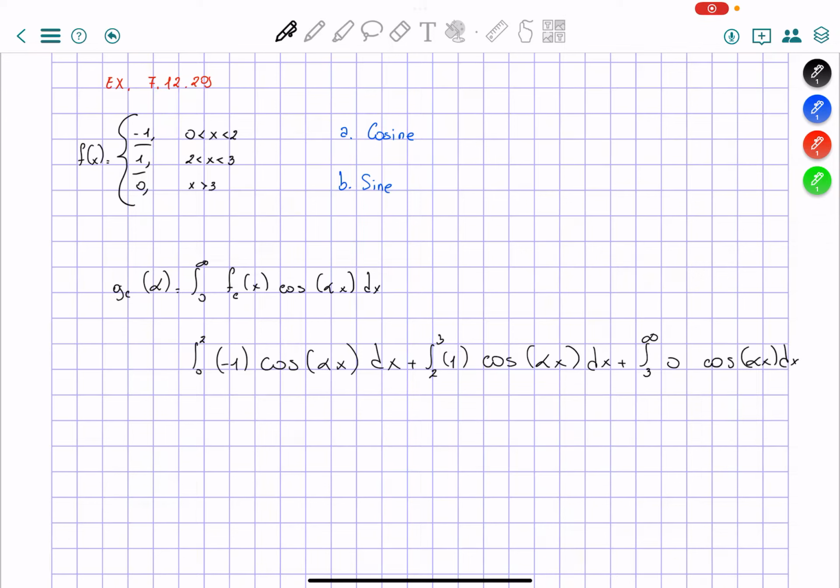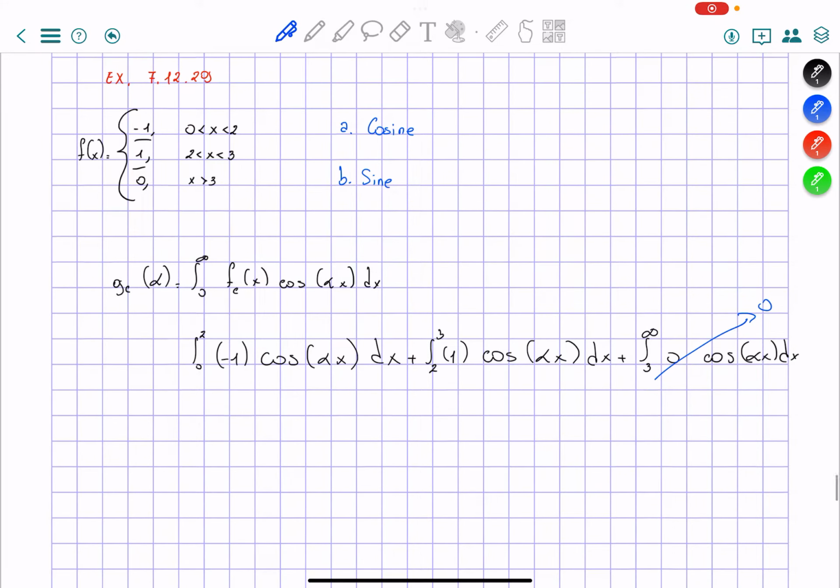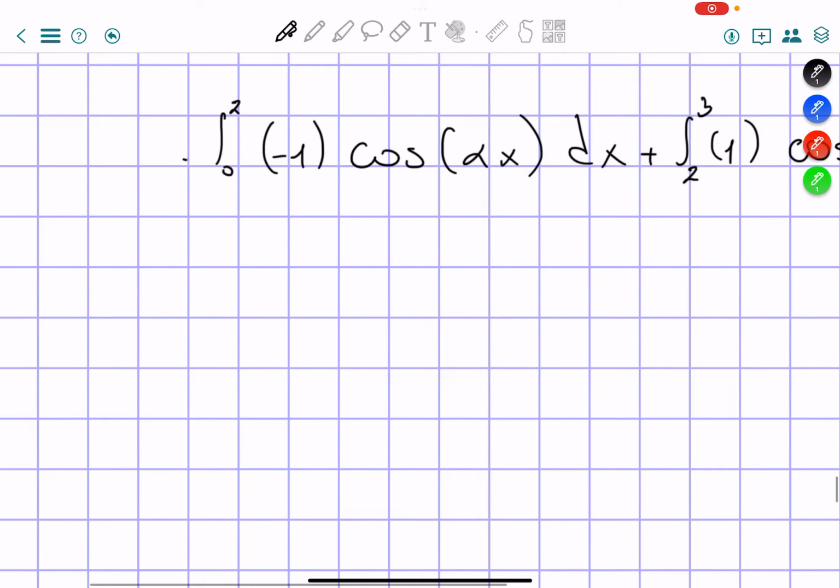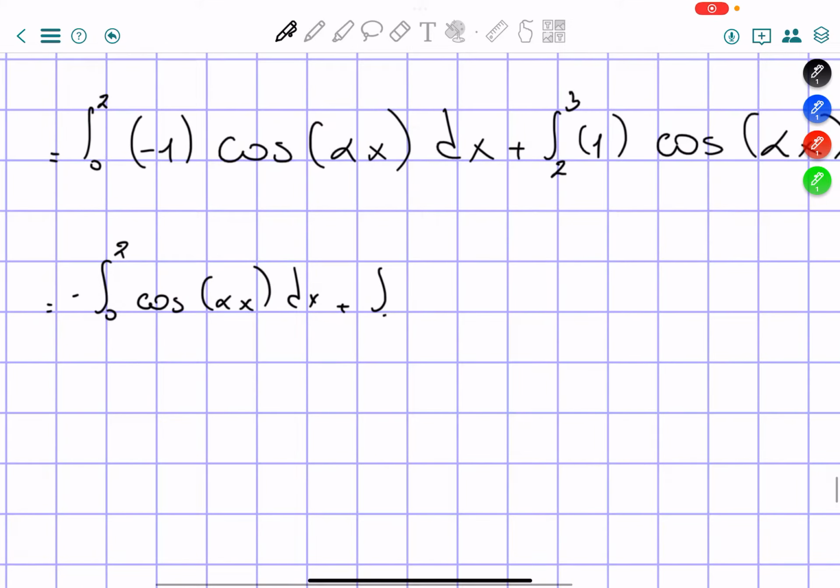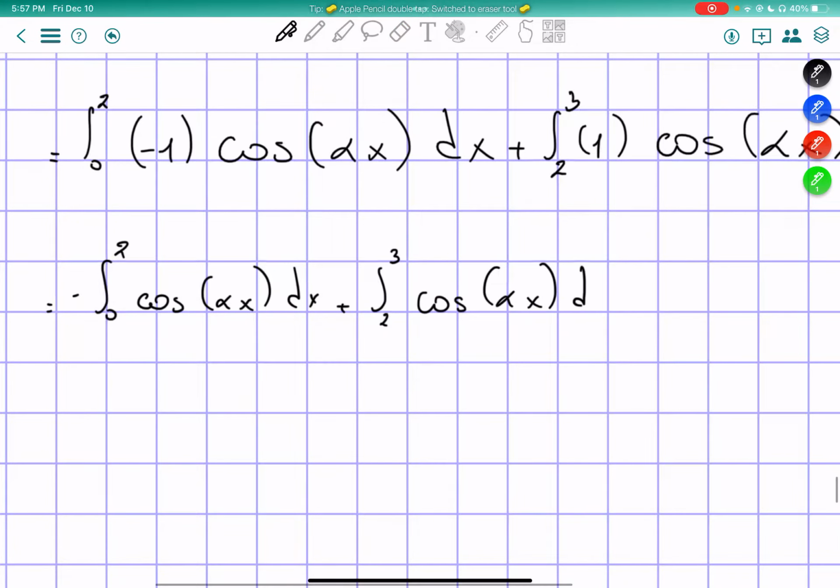Let's make things easy. This one is going to be equal to 0 directly. So we can simply focus on the other two. From the first one, we're going to get negative the integral from 0 to 2 of cosine alpha x dx plus the integral from 2 to 3 of cosine alpha x dx.